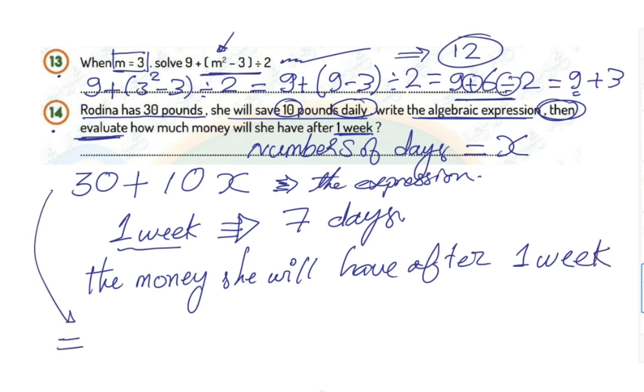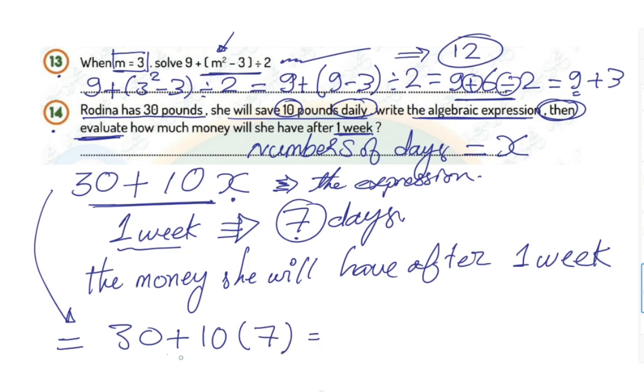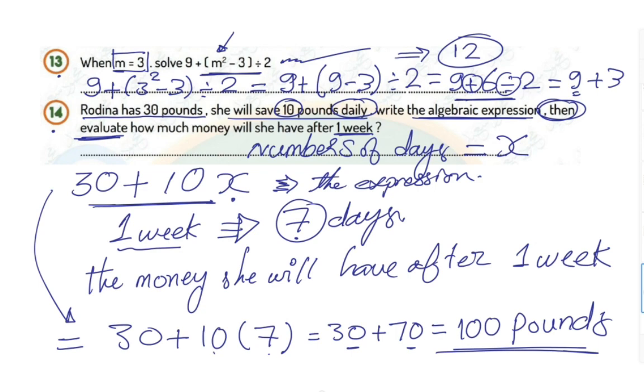Look here, I will write this expression, but without this x. I will substitute x by the number of days, and we have 7 days. Right, 7. Start with multiplication. So 10 by 7 equals 70. So 30 plus 70 equals 100 pounds. She will have 100 pounds after 1 week.